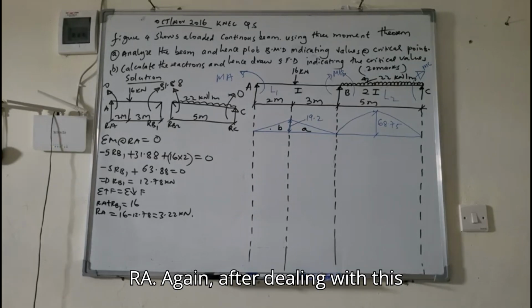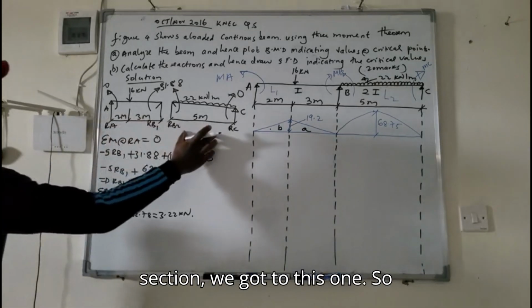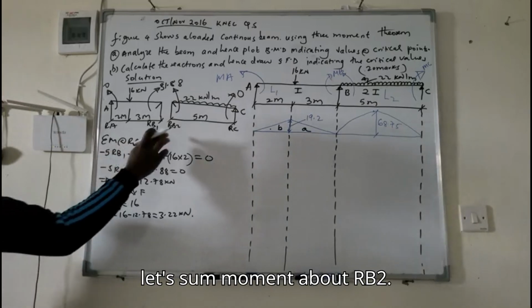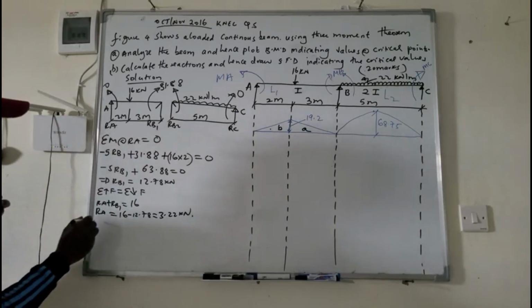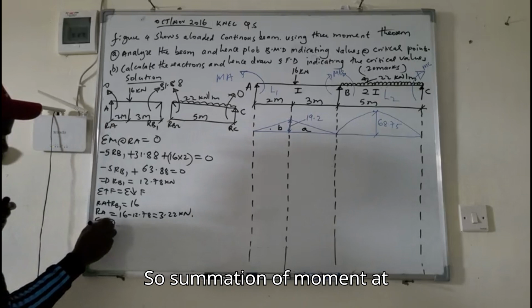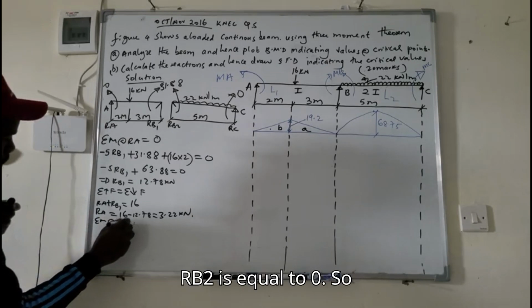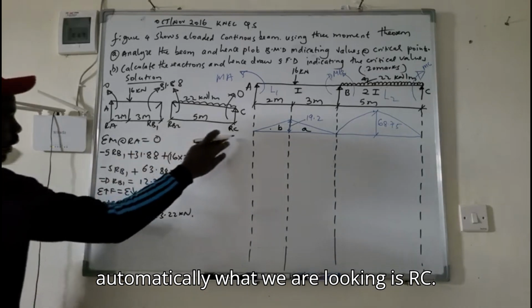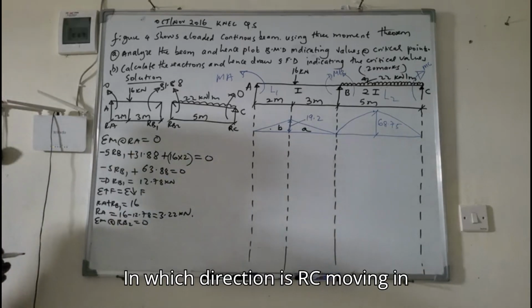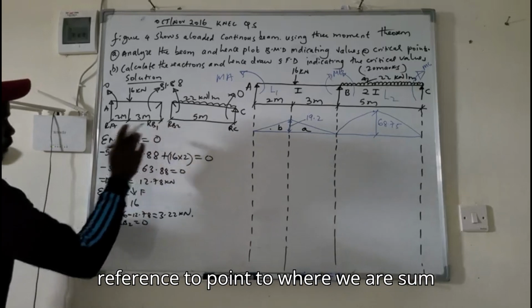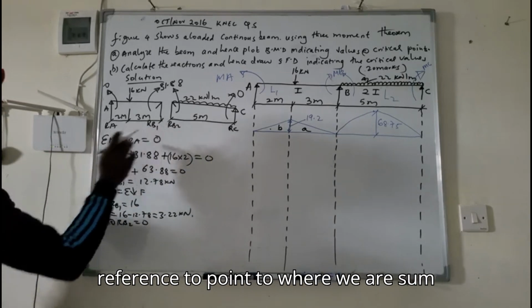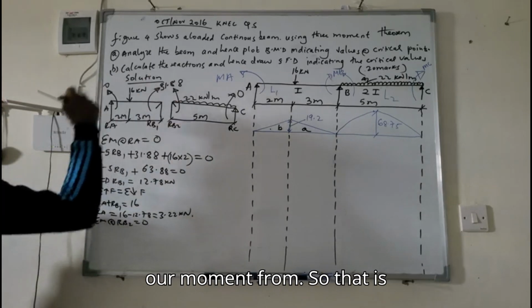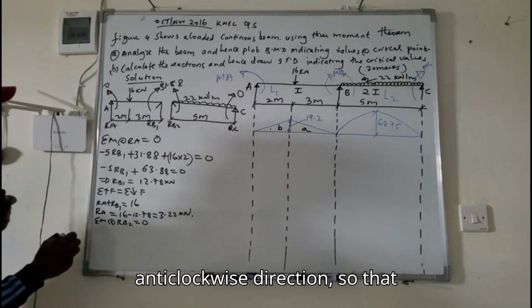Again, after dealing with this section, we go to this one. So let's sum moment about RB2. So summation of moment at RB2 is equal to 0. So automatically what we are looking for is RC. In which direction is RC moving in reference to point RB2 where we take the moment from? So that is anti-clockwise direction.